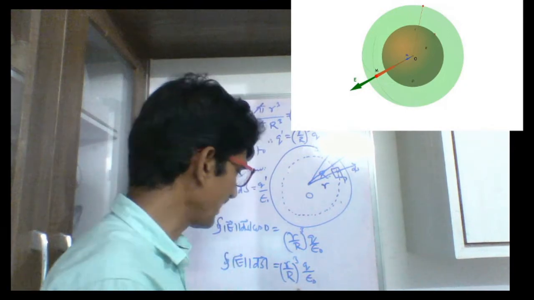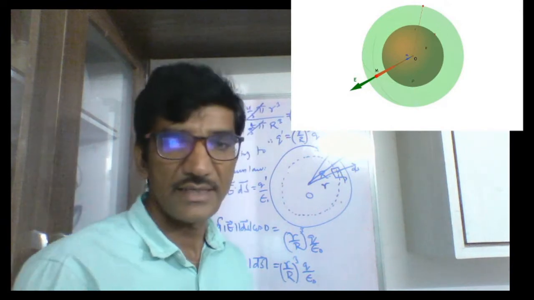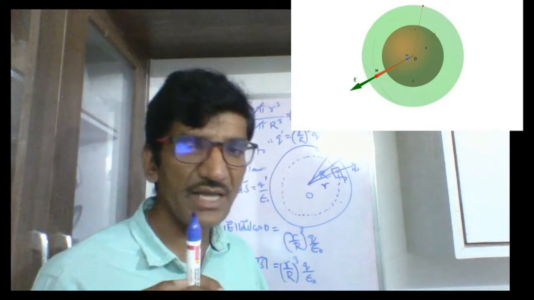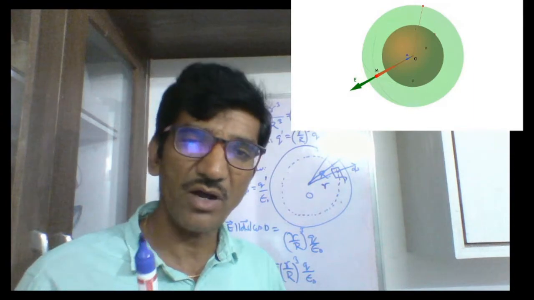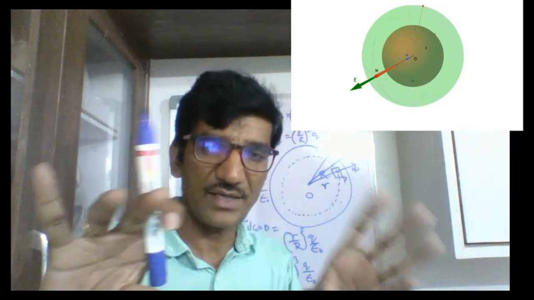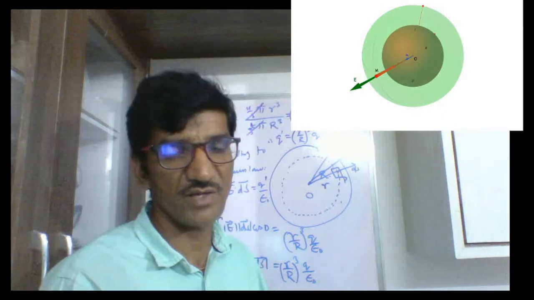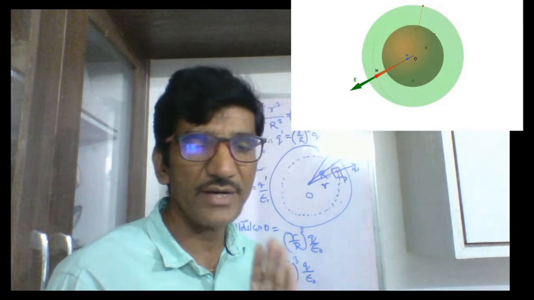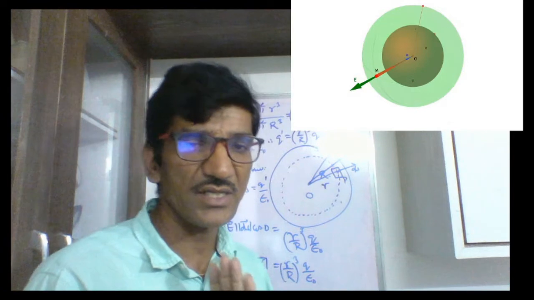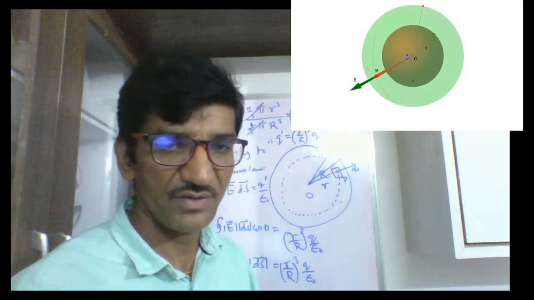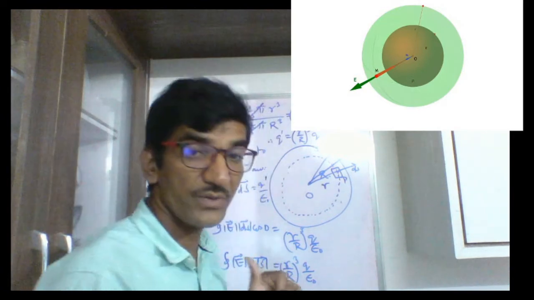Here also the magnitude of E will be the same at all points on the Gaussian surface. Why? Because all points are located at the same distance from the center point O as in the previous case.